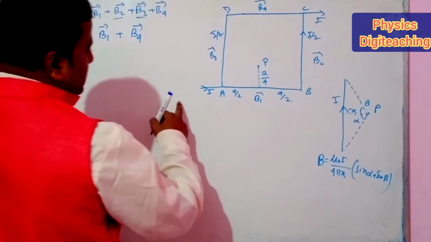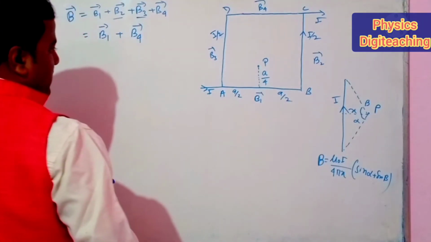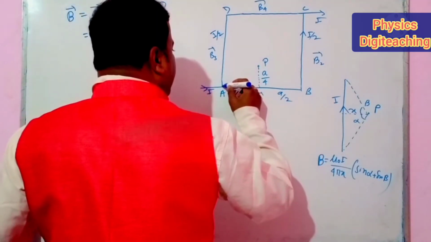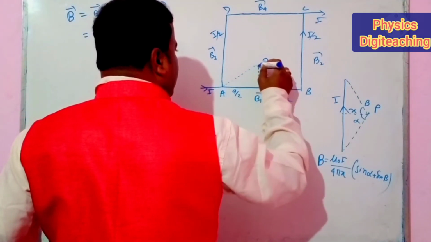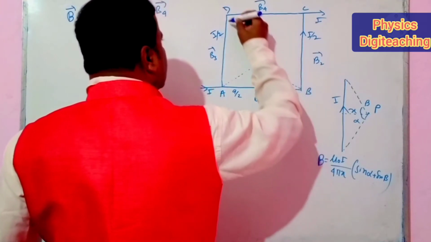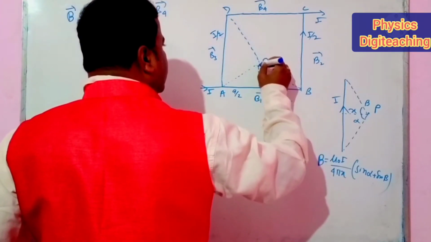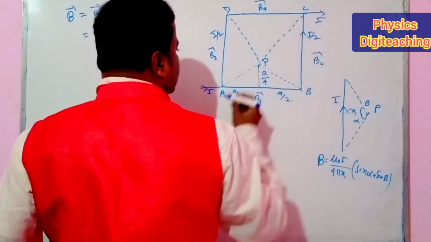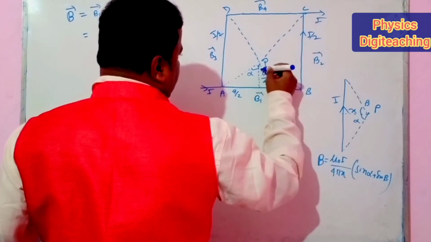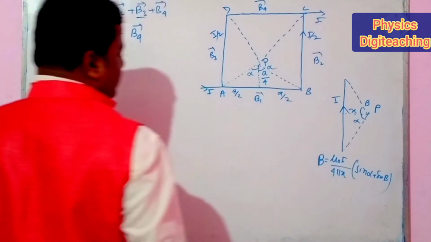Now we calculate the magnetic field B1. Then we draw this, and similarly this. We see that this angle and this angle are the same.